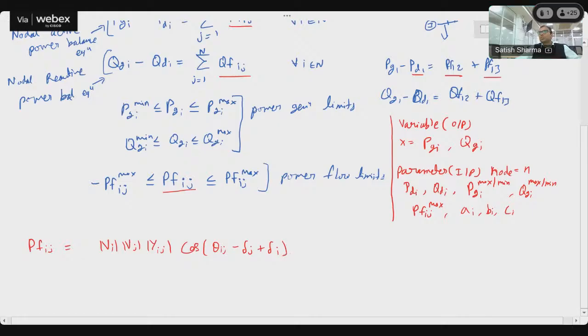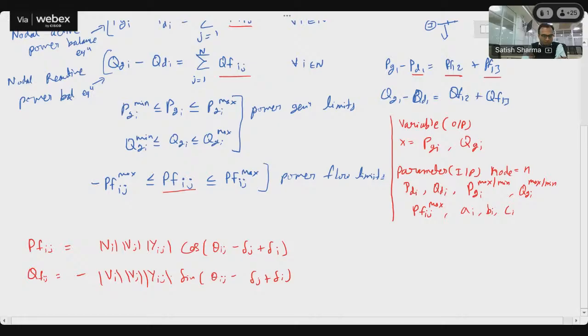So this is how we can define it. Similarly, I can define the Qij as well. It will be negative of Vi, Vj, Yij and sine of theta ij minus delta j plus delta i. So this is what we can define, and basically these are the magnitudes.